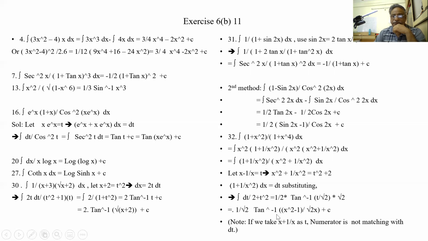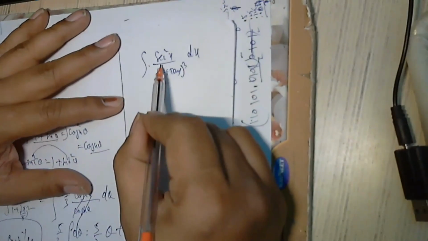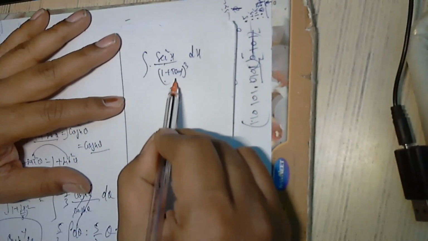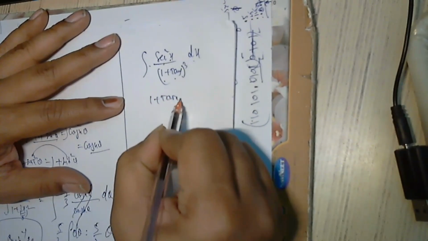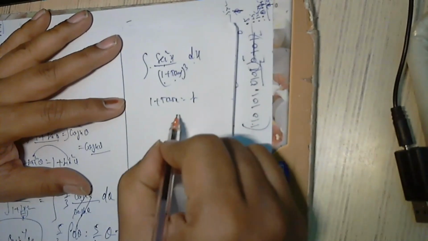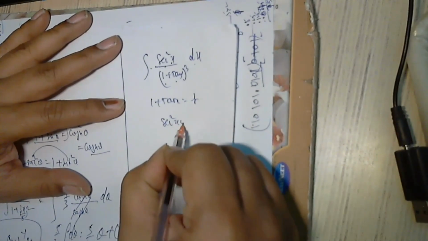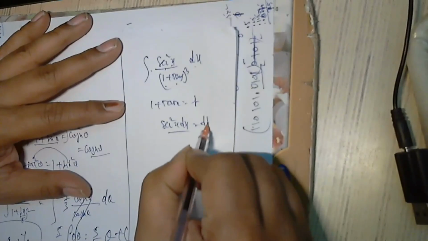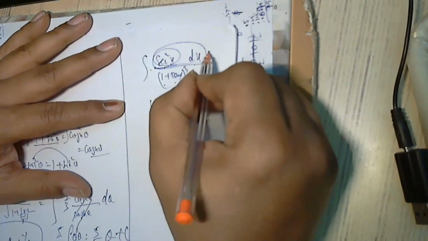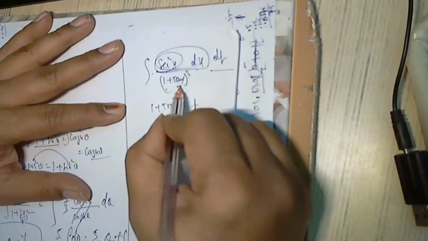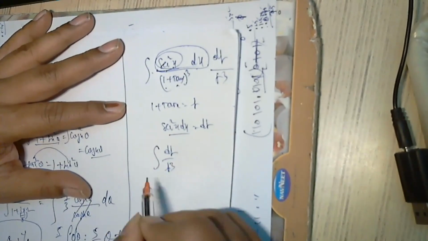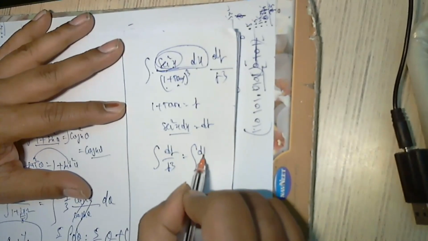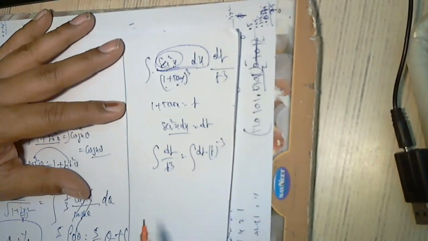Let us see this. Integral secant square x by 1 plus tan x whole cube dx. I am putting 1 plus tan x as t. So secant square x dx is equal to dt. So this whole form will become dt, and this is t cube. So integral dt by t cube, integral dt into t to the power of minus 3.